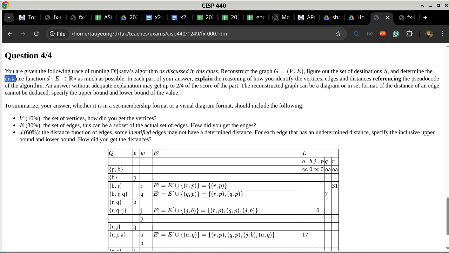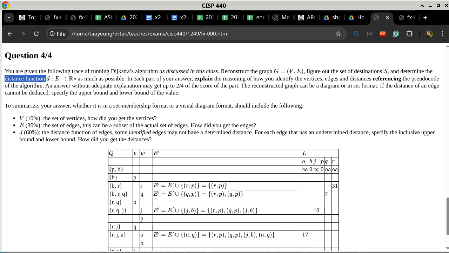In each part of your answer, explain the reasoning. I just explained that using the algorithm itself. Basically everything is in the algorithm itself. It is a question of how you make use of the algorithm in conjunction with the trace table that is already provided to you.